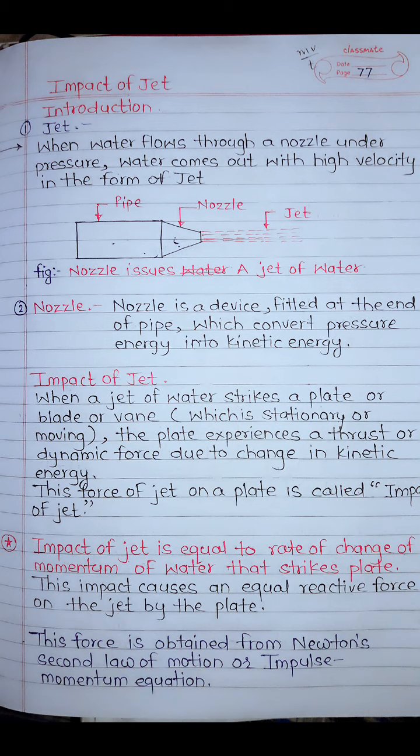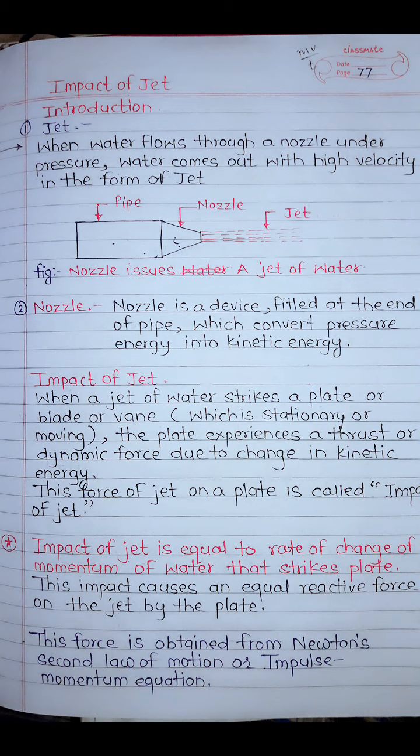So we can define a nozzle as a device which is fitted at the end of a pipe and converts pressure energy into kinetic energy. We know that water flows through a pipe under pressure and the nozzle converts that pressure energy into kinetic energy. So water emerging from the nozzle with high velocity is called a jet, or we can say a jet of water.